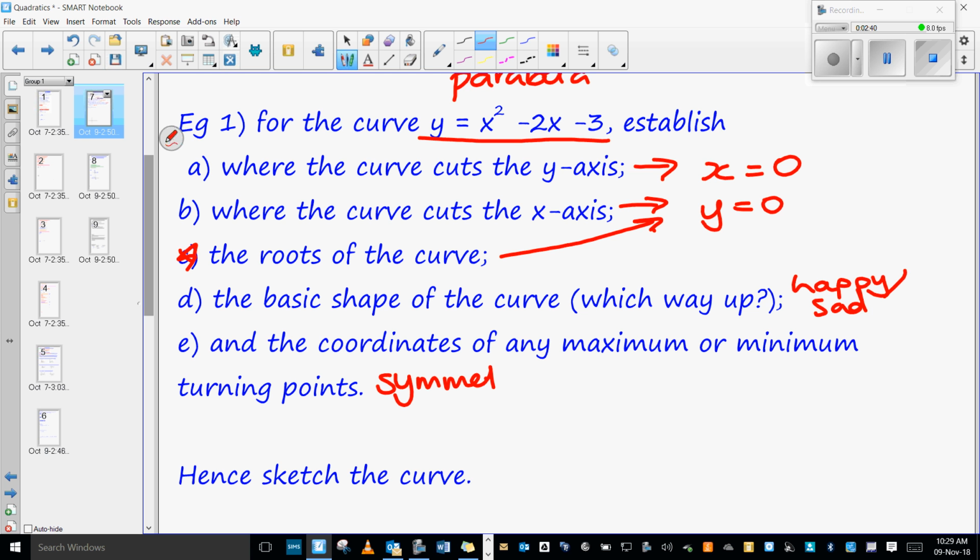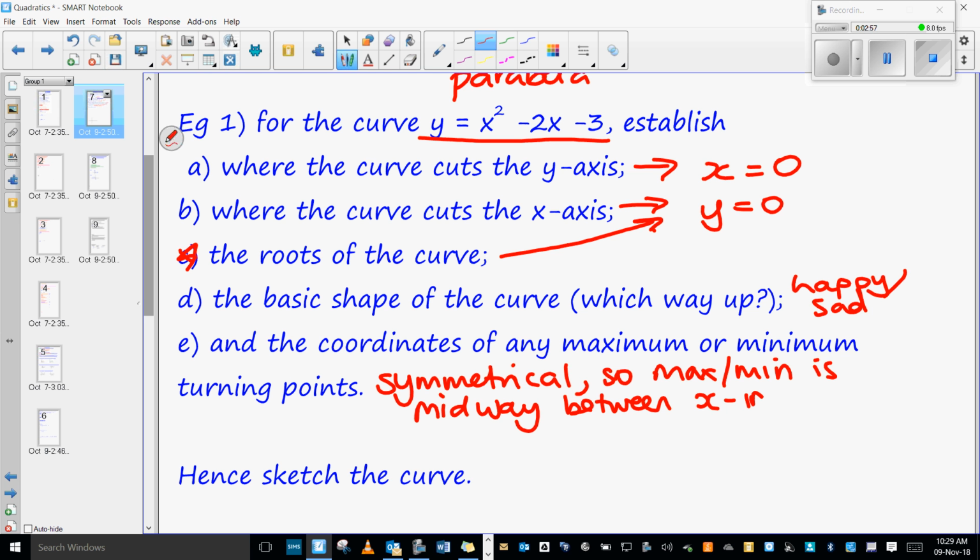So it's symmetrical, so max or min is midway between x intersects. And then the y value of that is going to be when you put this value into the equation, that will tell you the y coordinate.